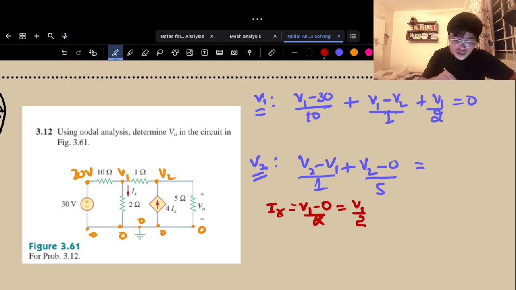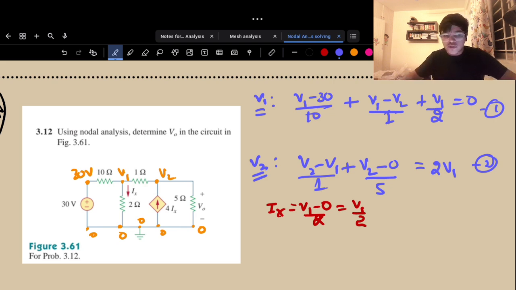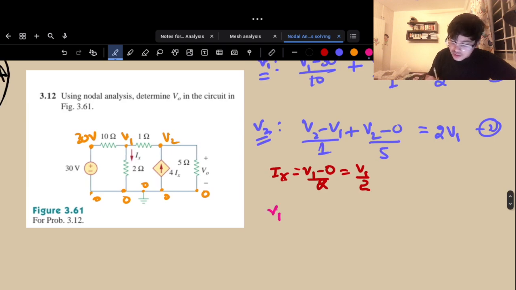Alright. Once we have gotten that out of the way, we can simply write 4 into Ix is equal to 2V1. So I'll just write it as 2V1 here. So this is my equation 1, this is my equation 2. So two equations, two variables. You'll get V1 is equal to minus 3.33 volts, V2 is equal to minus 8.33 volts.